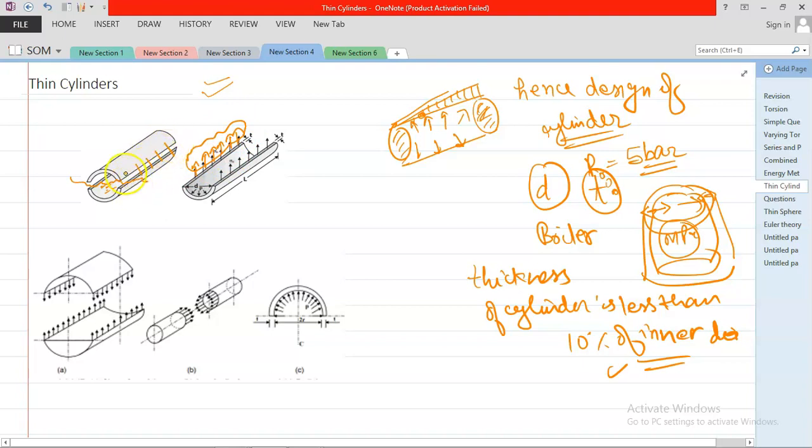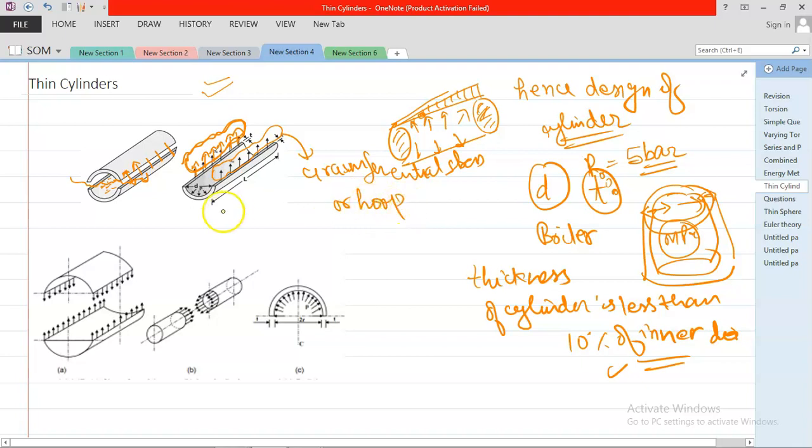Okay, now when a fluid is filled with pressure, it will try to come out, but the bond strength of the material does not allow this. Hence, the stress that originates because of the internal pressure in thin cylinders at this location is called circumferential stress, or hoop stress.